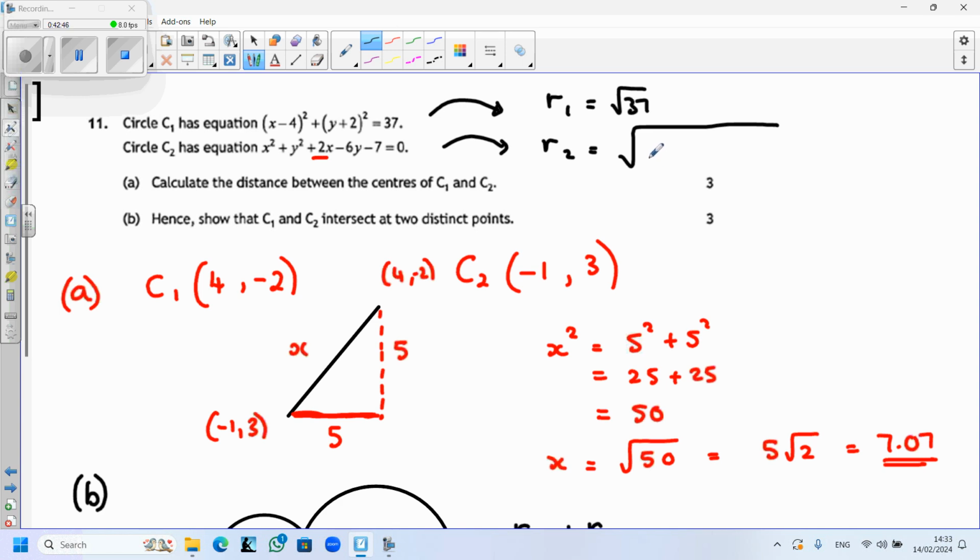So remember, it is minus g that is your centre. So it's going to be 1 squared plus, and that's going to change to minus 3 all squared. When you square them, it makes no difference because negative numbers disappear. And I want to take away this last number, but it's negative 7, so I want to add on 7. So when I do that, I get the square root of 1 plus 9 plus 7. So the radius of that one is the square root of 17.